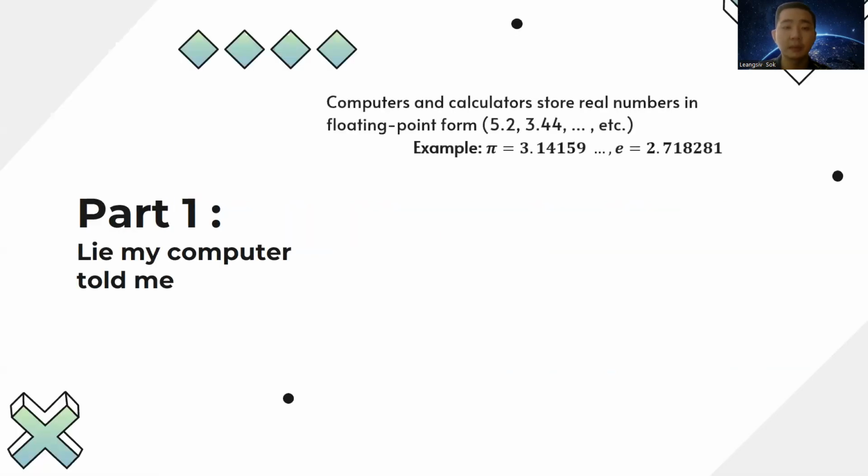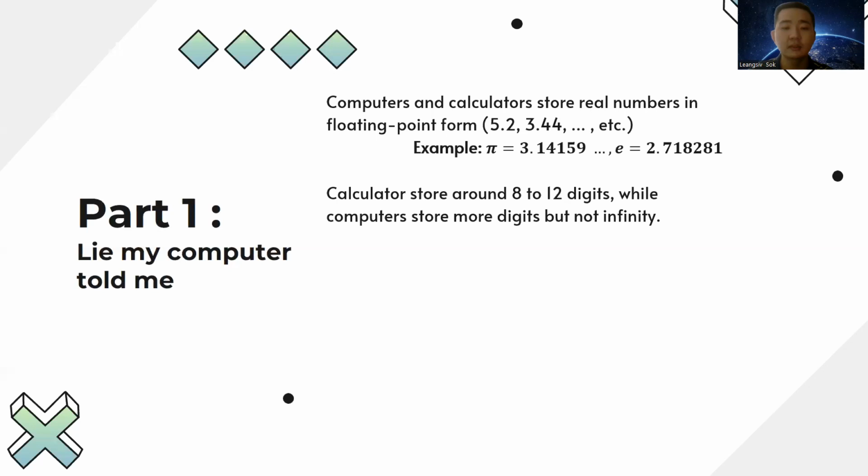Part one: computers and calculators store real numbers, for example, 5.2, 3.44, and pi. An exponential is also an example. Calculators store around 8 to 12 digits, while computers can store more digits, but not infinity.